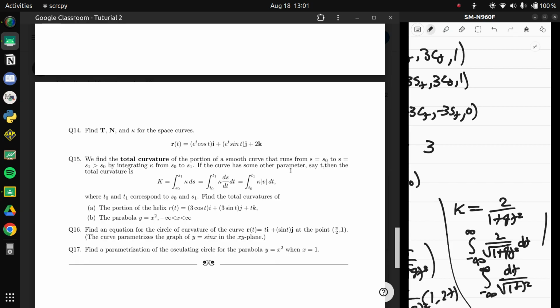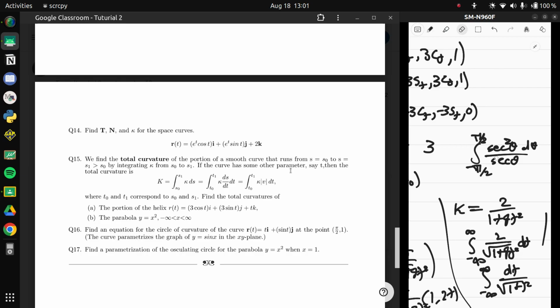Right, now guess what we do over here: t equal to tan theta. So this turns out to be the integration of secant square theta d theta upon square root of 1 plus secant square theta. So 1 plus tan square theta, secant theta is just that. And this is from theta going to negative infinity and infinity, that's minus pi by 2 to pi by 2, right?